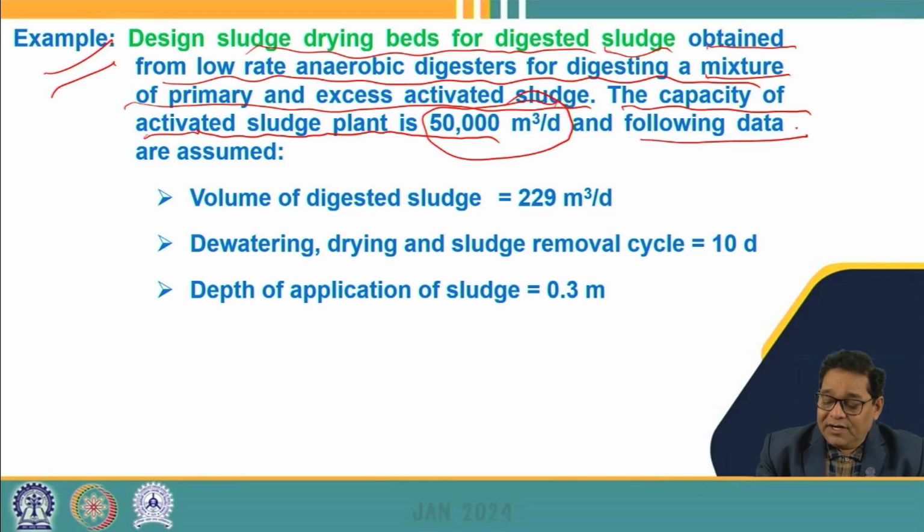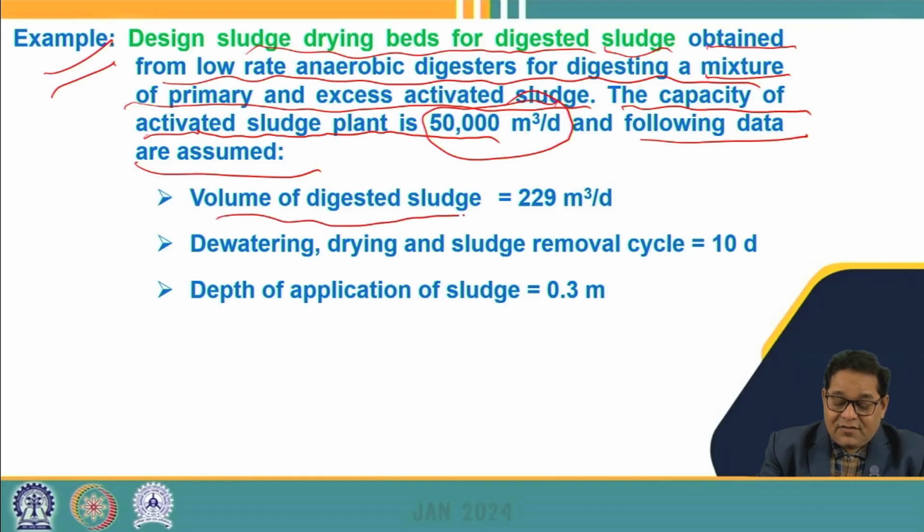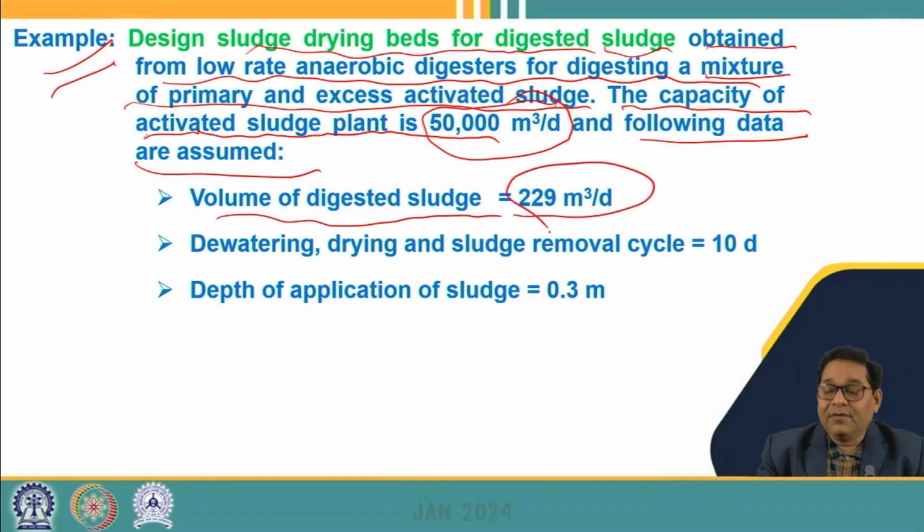So the following data we need to consider while designing the sludge drying bed. Here directly the volume of the digested sludge per day is given instead of giving the per capita contribution of the solids or any other data.